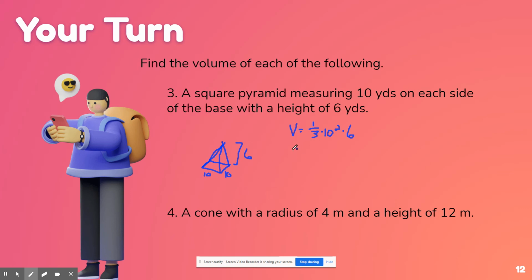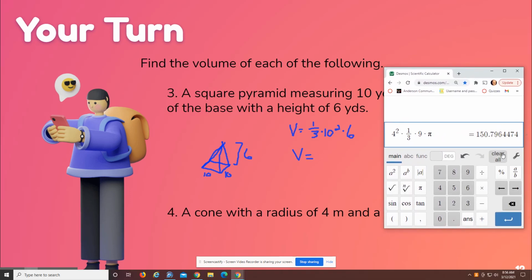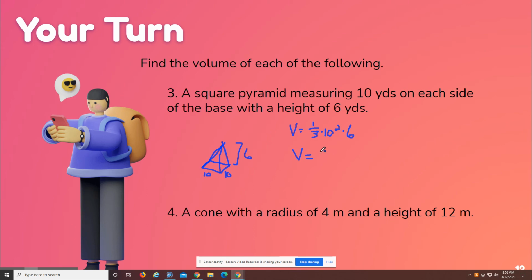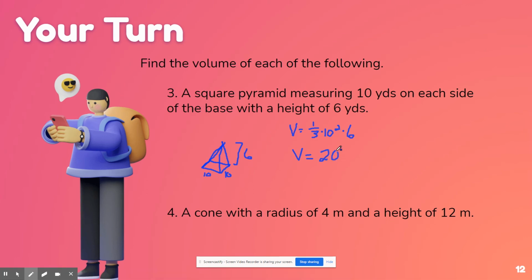So my volume for this, in yards, if I go back to the calculator, is simply going to be 1/3 times 10 squared times 6, which gives me 200 yards cubed. So this is going to be 200 yards cubed.